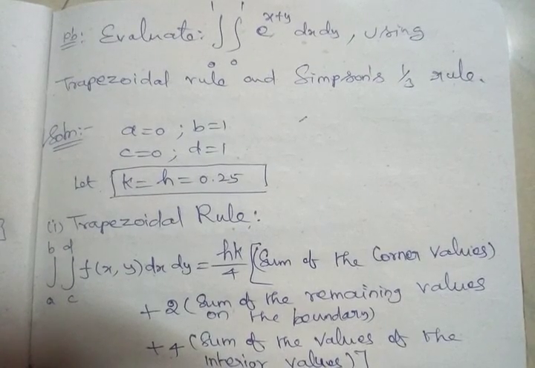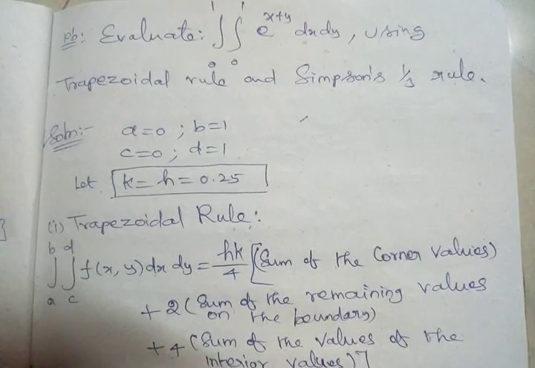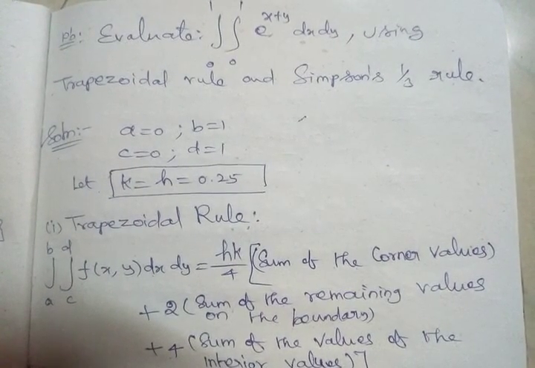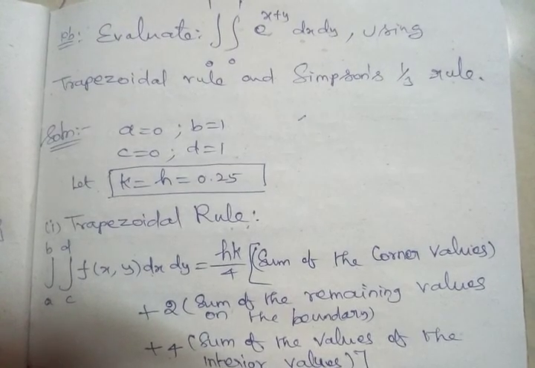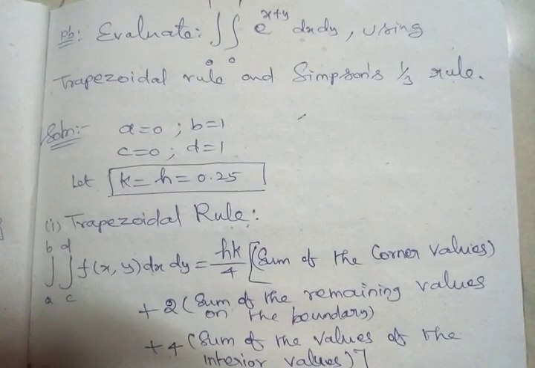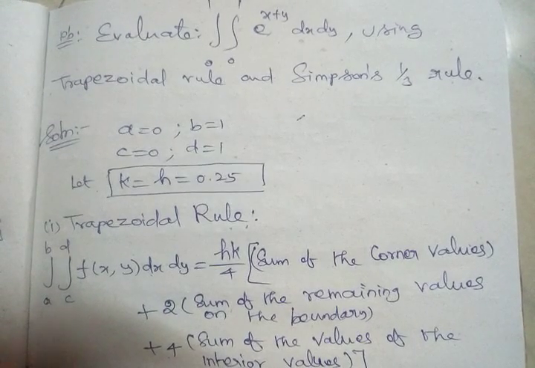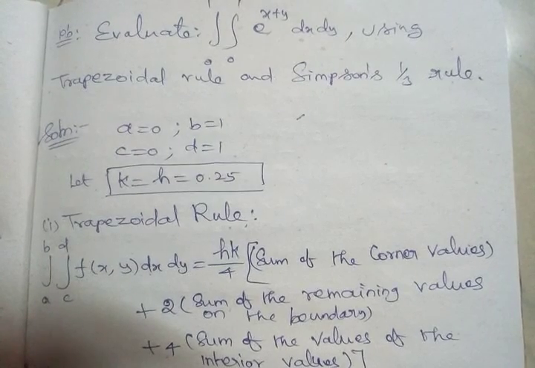So I am going to divide the limits into segments: from 0 to 0.25, 0.25 to 0.5, 0.5 to 0.75, 0.75 to 1. So totally we are taking 4 segments.